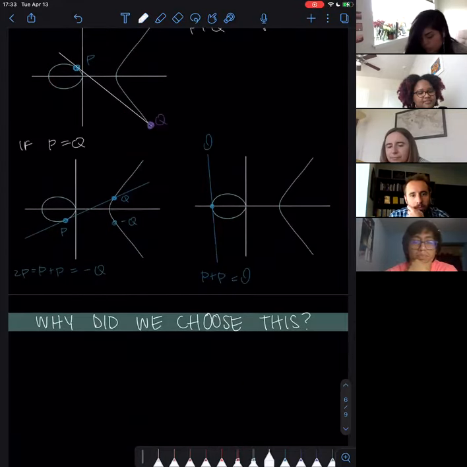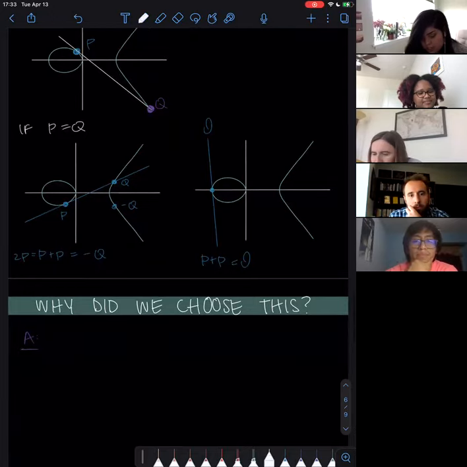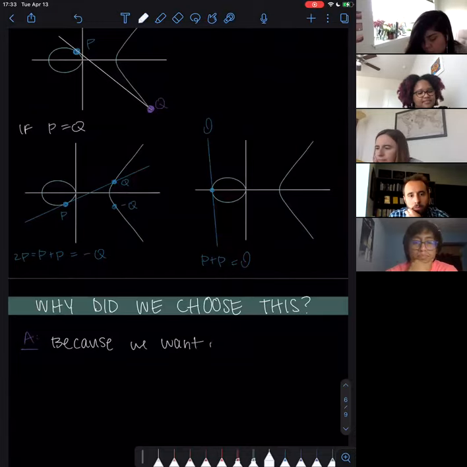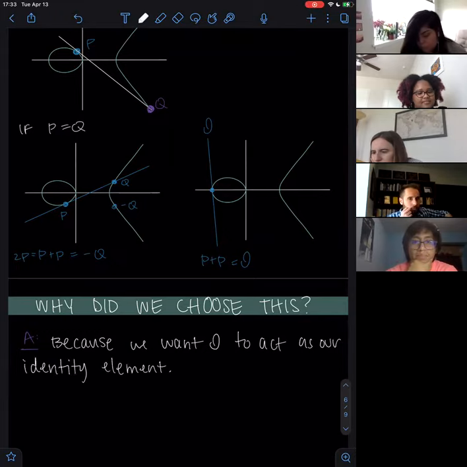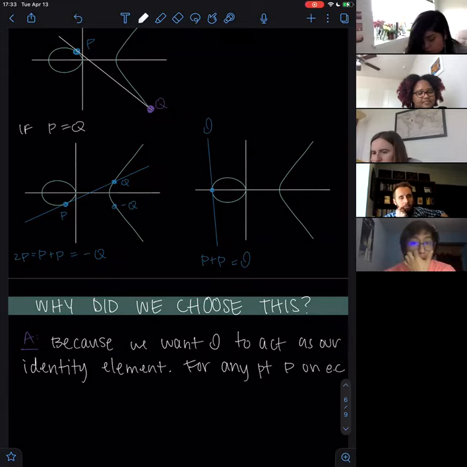Okay, so one answer to this is because we want the point at infinity to act as our identity element. So that means for any point P on our elliptic curve, we want P plus the identity element, or the point at infinity, to equal P.